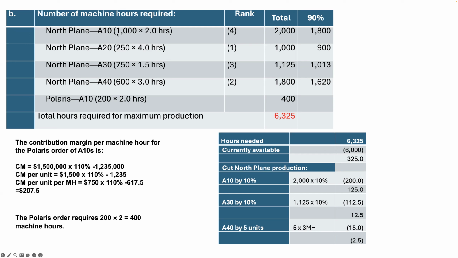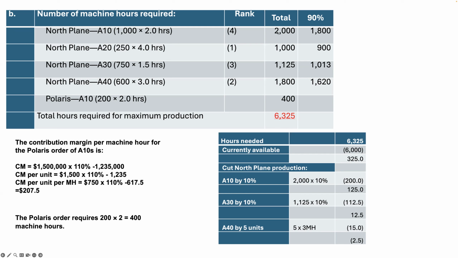So if I take a look at my machine hours, I have the number of units for each component, and then the machine hours required per unit. For example, for the component A10, you supply 1,000 units, each unit requires 2 machine hours.